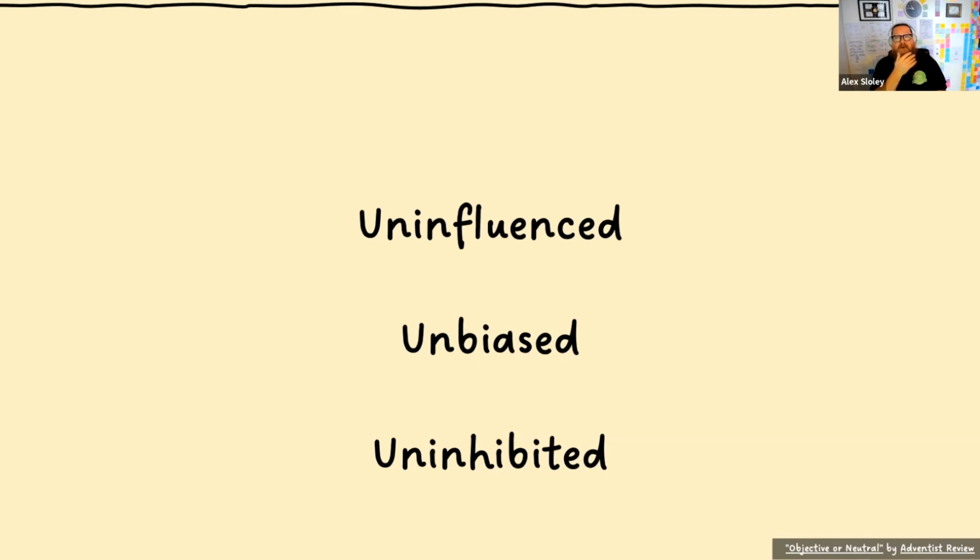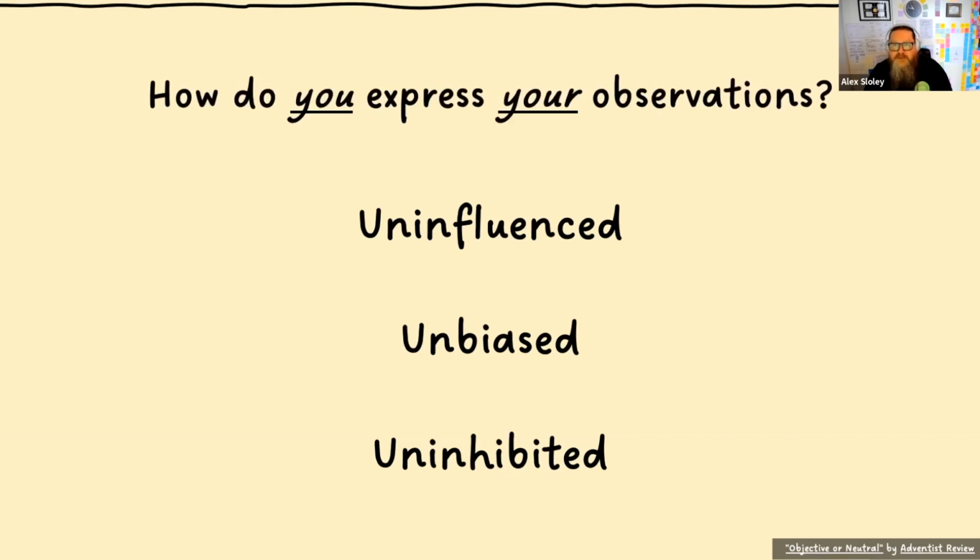I guess when I was growing up in high school or something like that, we would have said keeping it real. So you can see how it's different to neutrality. So my question for you is, how do you express your observations when you're stating your opinion, what you've observed? How do you do it objectively?